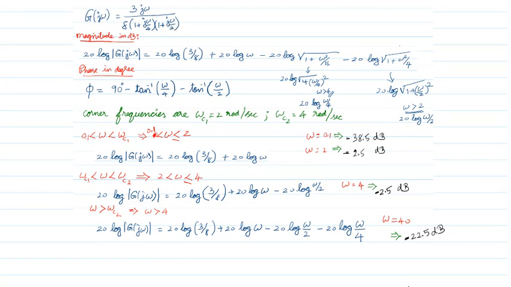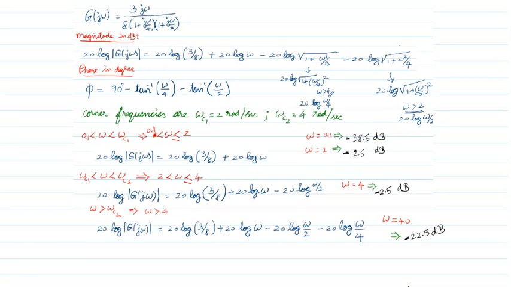Okay. Now the important thing is we have to decide what frequencies we are going to plot. We have already found from the question itself the corner frequencies. First corner frequency is 2, second corner frequency is 4. We have to assume the frequencies such that one frequency is less than the lowest corner frequency, another frequency is greater than the highest corner frequency.